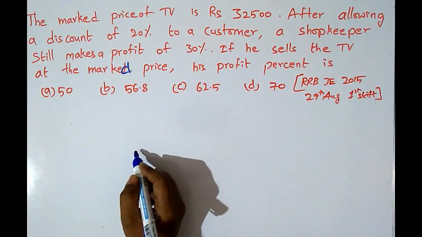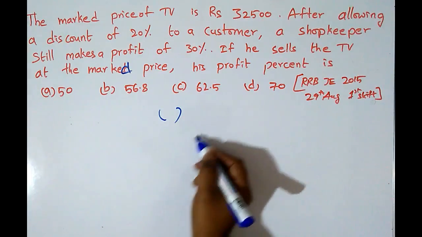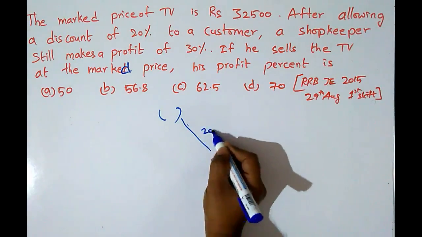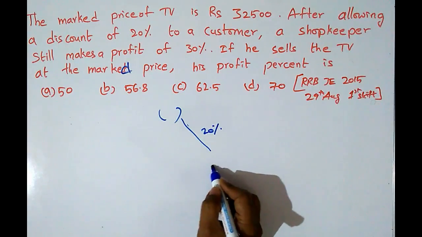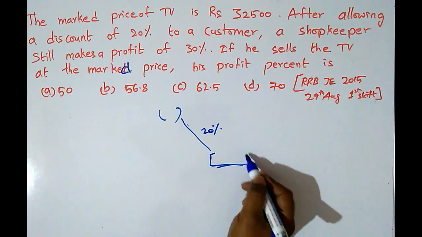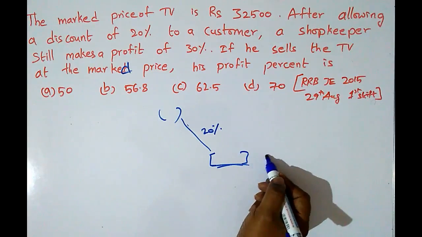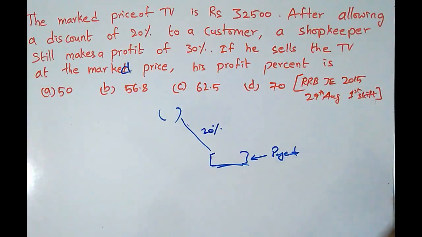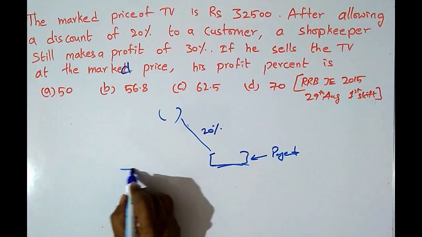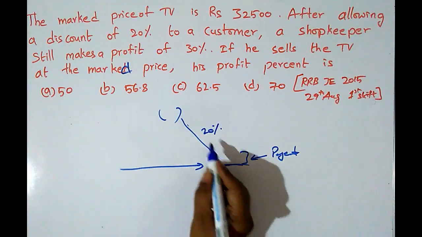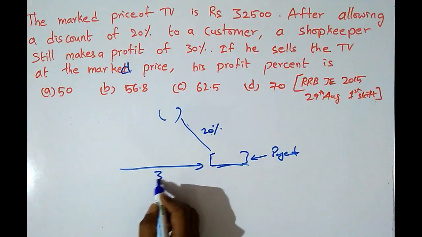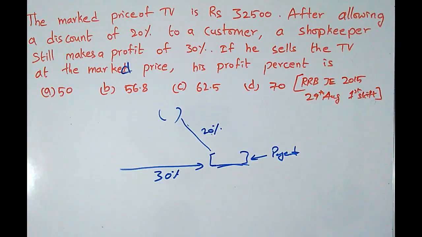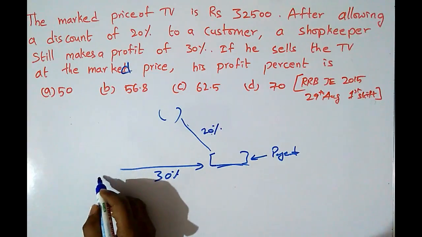See friends, there is a market price and he gives 20% discount on the market price. So the selling price will be the payment price, or the money you will be paying. After giving the 20% discount also, the shopkeeper is getting 30% profit.